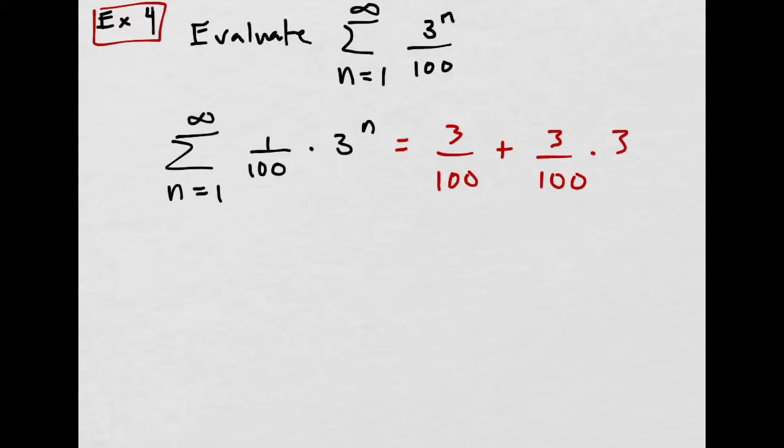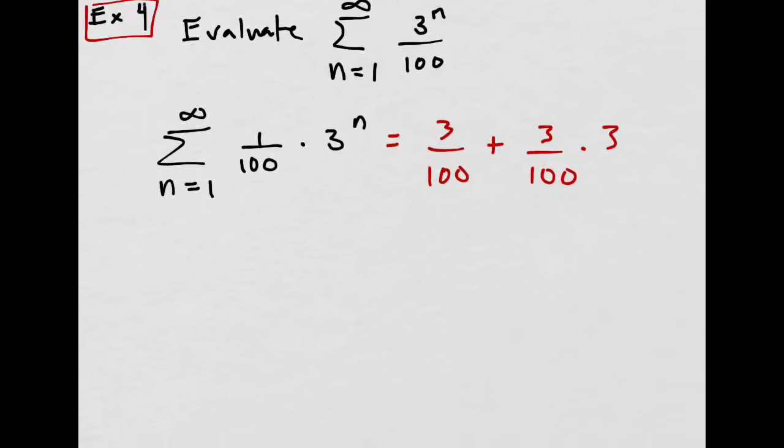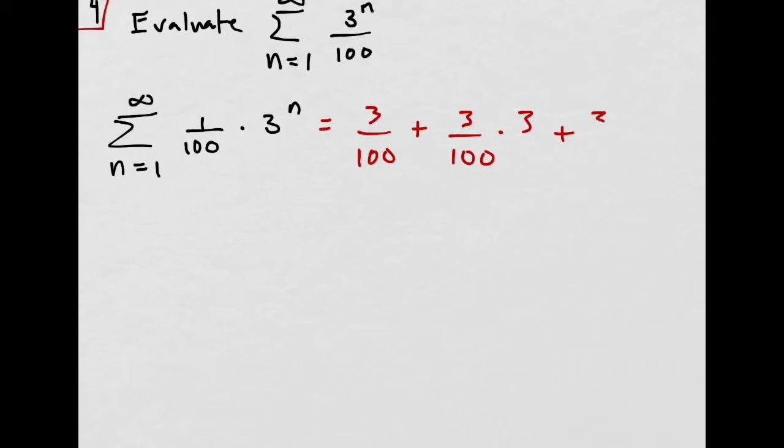You're not going to be able to figure it out until you do a couple of them and get comfortable with it. Plus 3 over 100. Actually, let's write it the way I think that you would write it. 9 over 100.